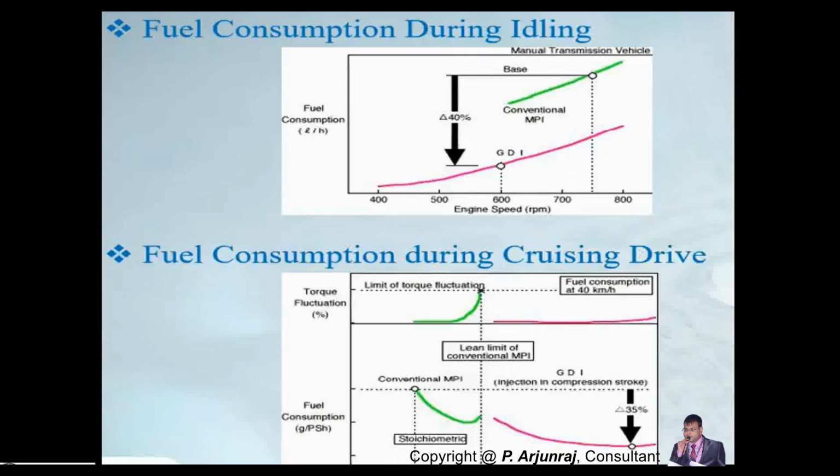And with respect to the cruising condition, running with different air fuel mixtures, you get different fuel consumption and different torque fluctuation also. So in the case of normal multi-point fuel injection, you get a lot of torque fluctuation. Okay, whereas here torque fluctuation is not going to happen. It is going to happen only at a higher air fuel ratio.